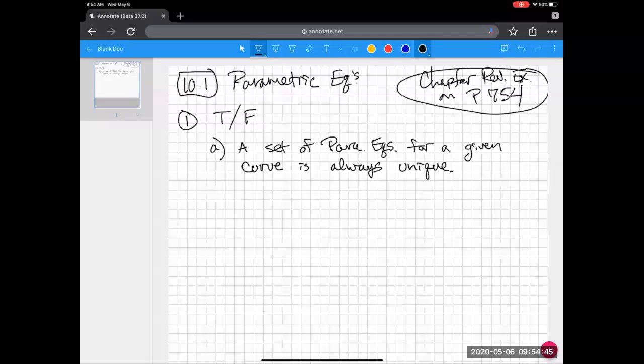Let's try to help visualize this for folks a little bit, maybe for those who don't really understand the statement but don't seem to want to ask a question. So you have some sort of a curve. You can just imagine a picture of a graph. And then you have some equations.